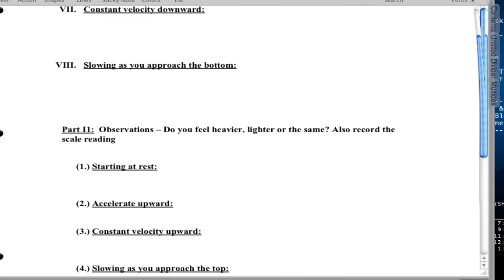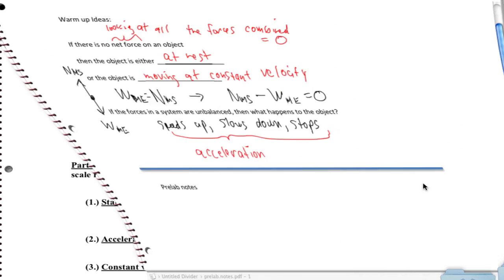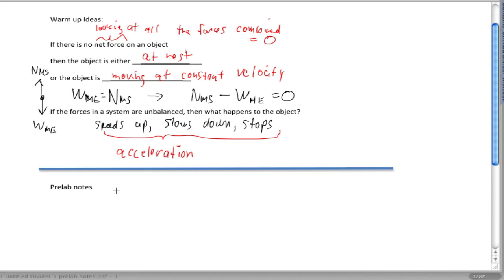And the idea that we came up with was simply this. And you know what? I'm going to write it in the pre-lab section just so we have it. What we came up with was the idea that when forces don't balance, the object accelerates.